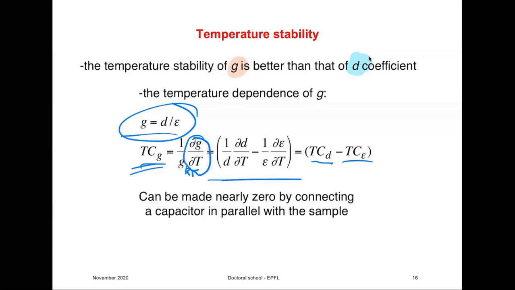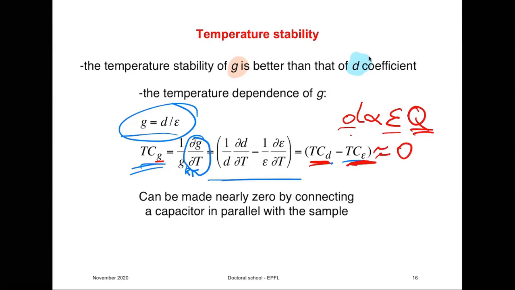As it turns out, from thermodynamics, from Landau-Ginzburg-Devonshire theory, one can get that the piezoelectric coefficient is proportional to epsilon and Q, the electrostrictive coefficient. Q doesn't depend much on temperature, and you get that most of the temperature dependence of the D coefficient comes from permittivity. And here you have that the temperature coefficient of G is the difference in temperature coefficients of D and epsilon. So this is almost zero, not exactly, but almost zero.